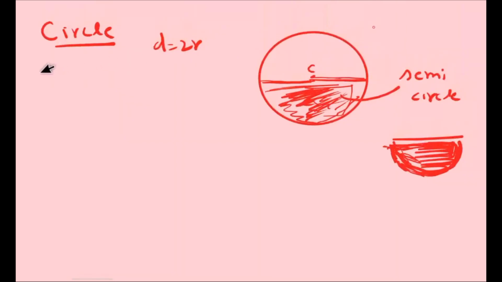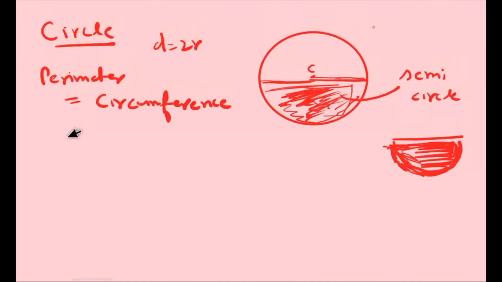Now what is the perimeter? Perimeter is also known as circumference. What is the circumference? This one is the boundary, that is the circumference.